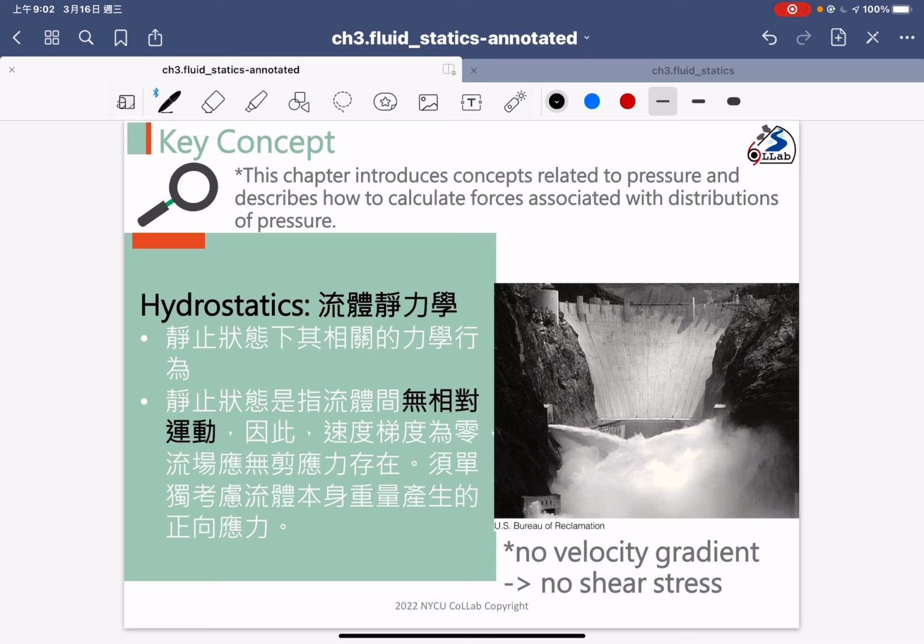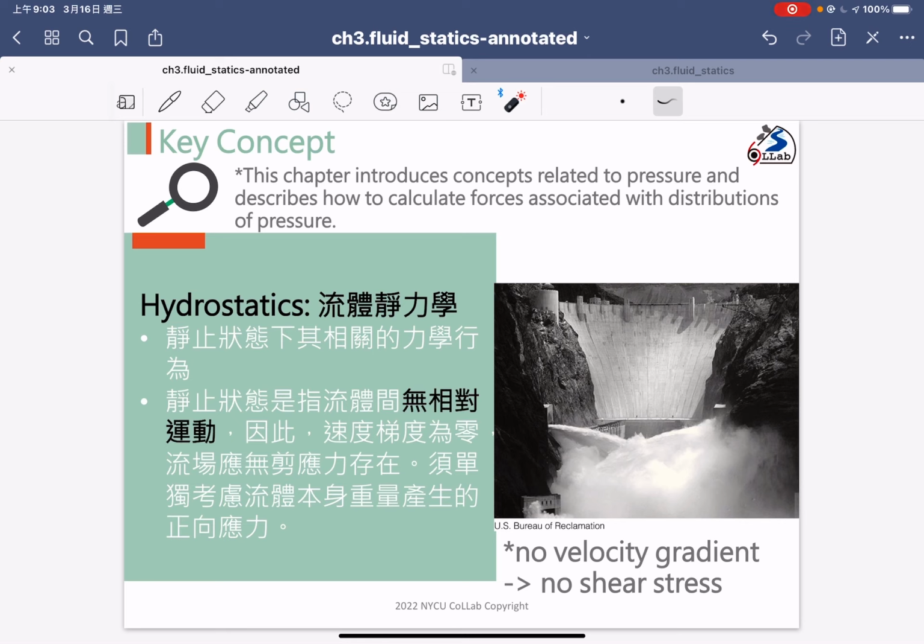Okay, so it indicates there is no velocity gradient. As I taught before, the velocity gradient corresponds to the viscosity equation, right? And based on the viscosity equation, we will have the shear stress.